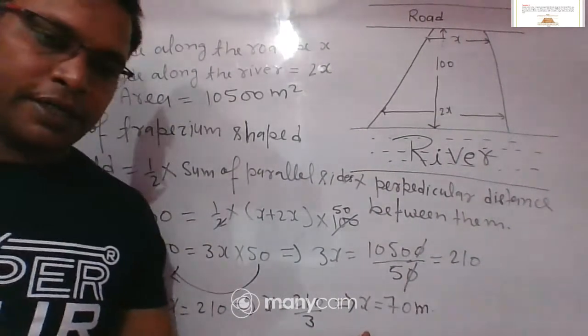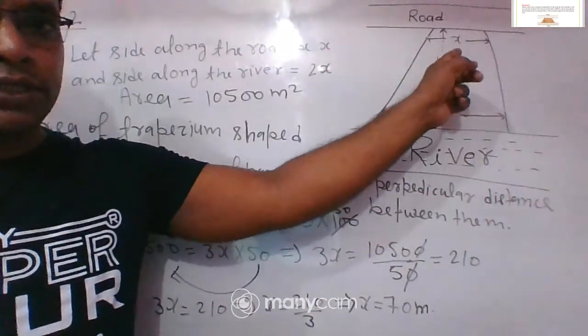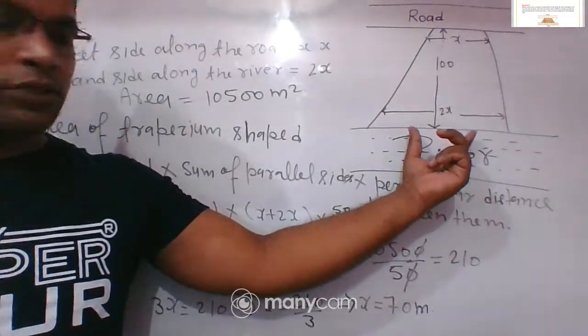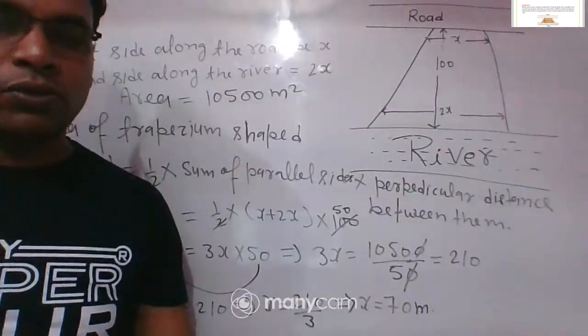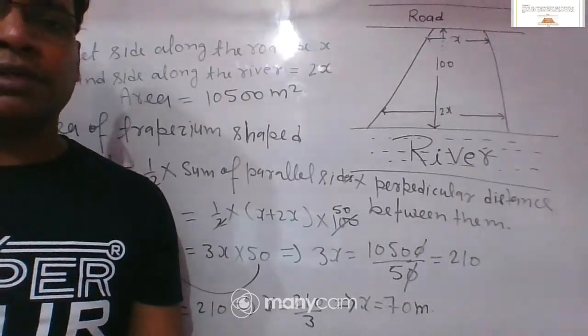So here you find the value of x is 70. So x is the road side, but the side of the river is 2x. So it becomes 2 into 70. It means 140 meters.